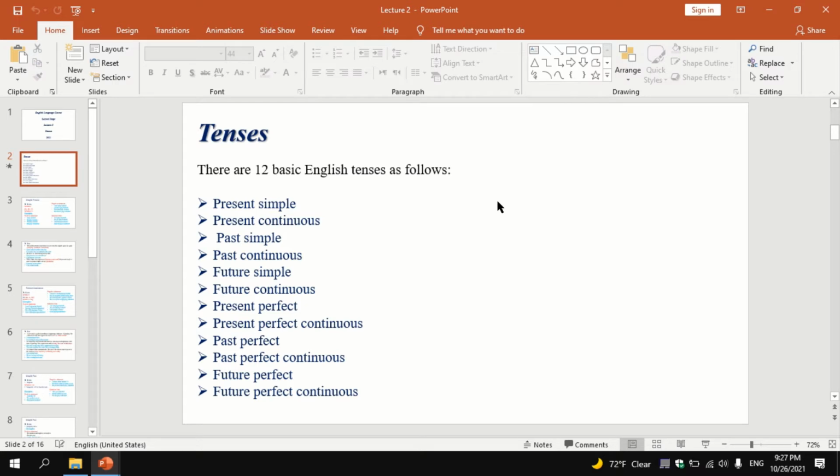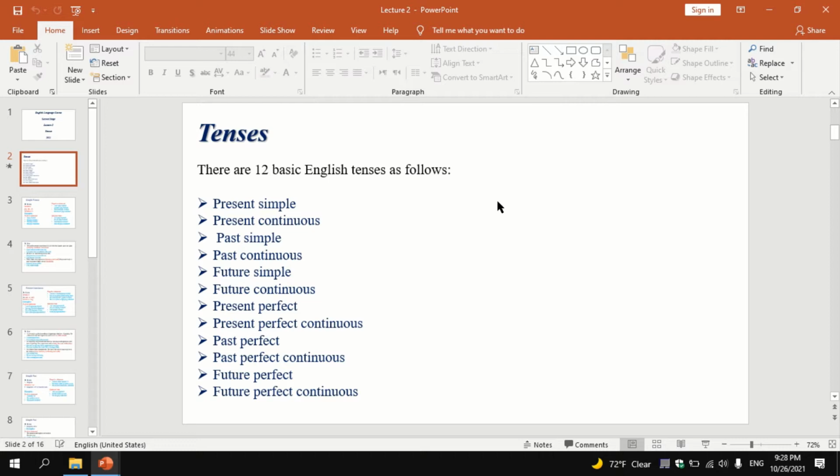The first one, present simple, present continuous, past simple, past continuous, future simple, future continuous, present perfect continuous, past perfect continuous, future perfect continuous.